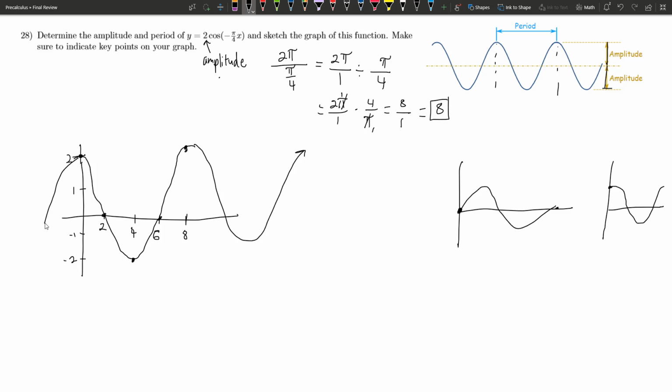And if you want to put some numbers, you can, but that's good for me. So like if that's 8, then in another 2, it should really cross. So this should have really been my 10 right here. This should have been my 12, but that's okay. All right, you guys get the point. This is one period.